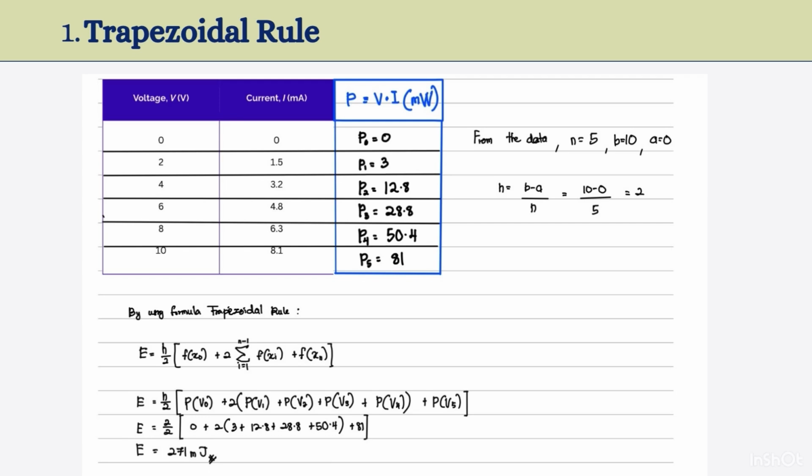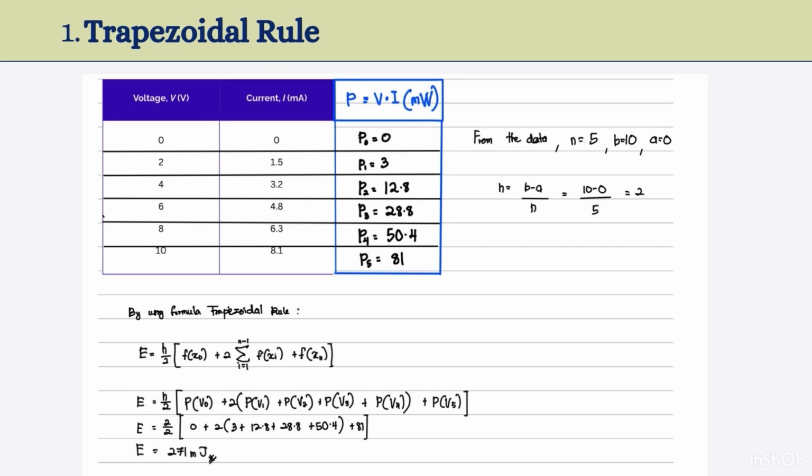By the given data in question 1, we use it to find the power, which is voltage times current. For each one, we will get each power from the data given, and from the data we see they have n equal to 5, b equal to 10, and a equal to 0.